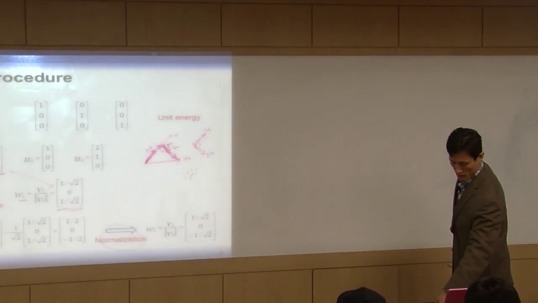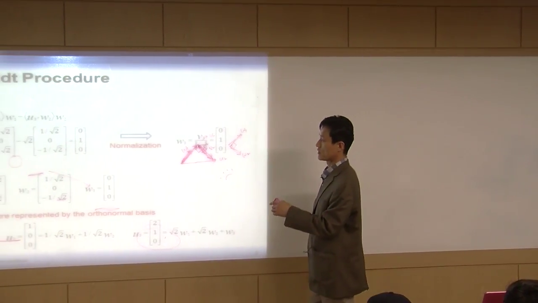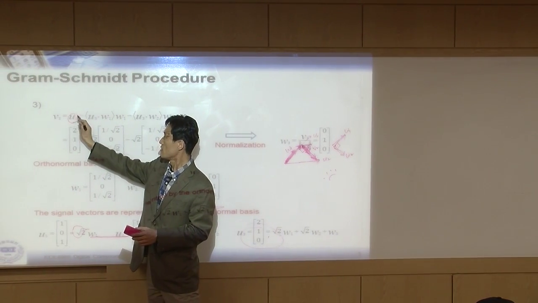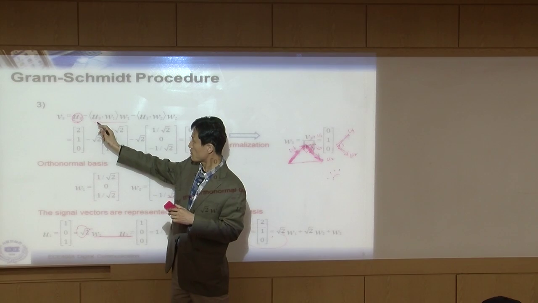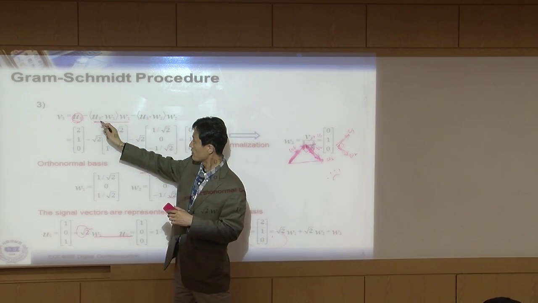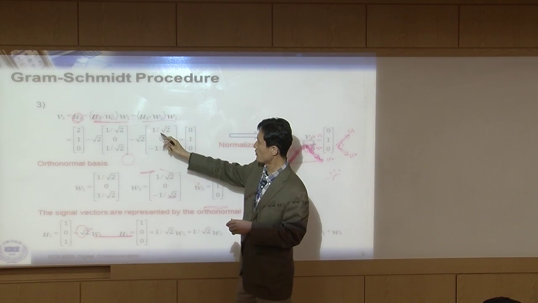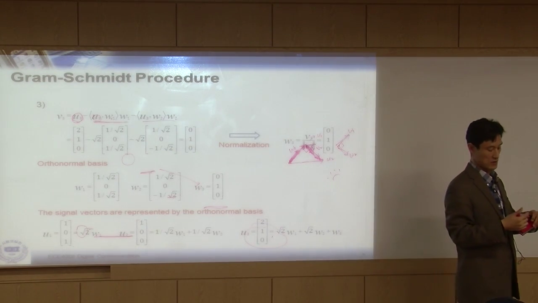You can keep doing the same thing. For the third one, we again have a third vector, U3. From this third vector, we subtract the projection of U3 onto W1, and another projection of U3 onto W2. So we are taking two different projections.